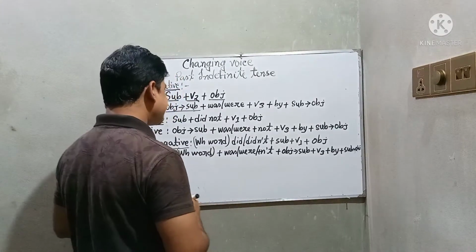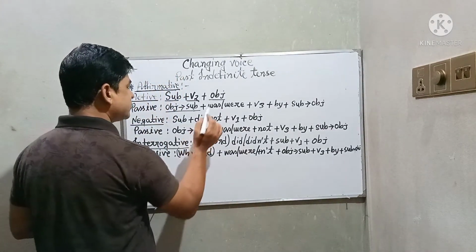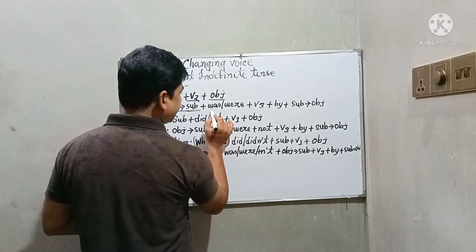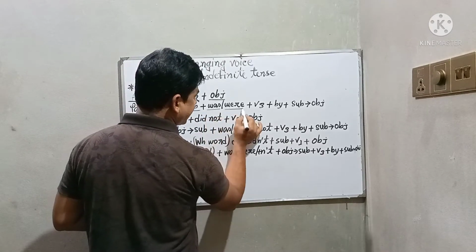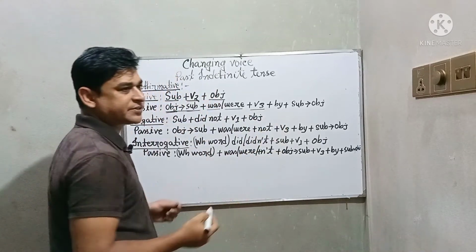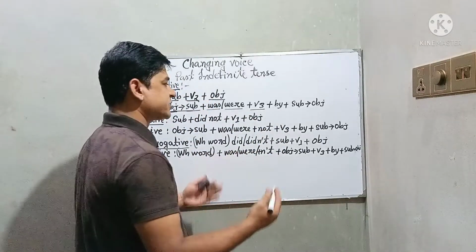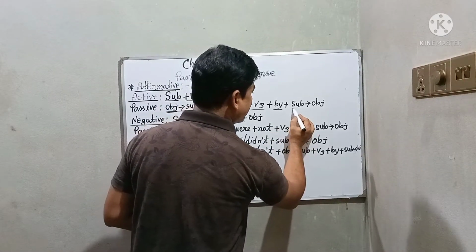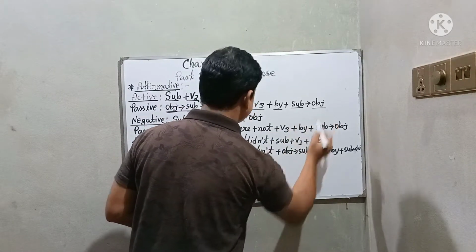Like present indefinite tense, you convert your object to subject first, then you have to use was or were, then V3. V3 means verb past participle, then you have to use by, then you have to convert your subject to object.